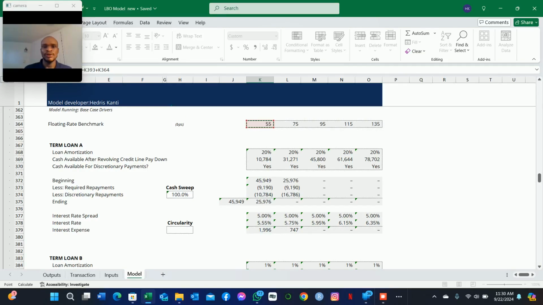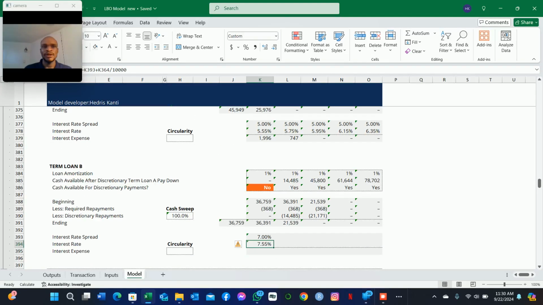So we take that and add it to that floating rate benchmark, and then we also convert it to a percentage. So as you can see, the lenders will be comfortable at approximately 7.55% as the total interest that will be paid to them as a result of taking on this debt.